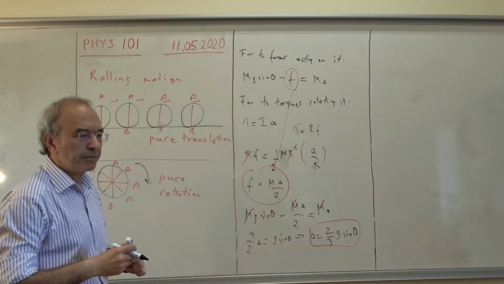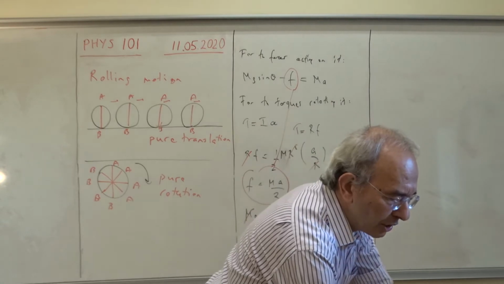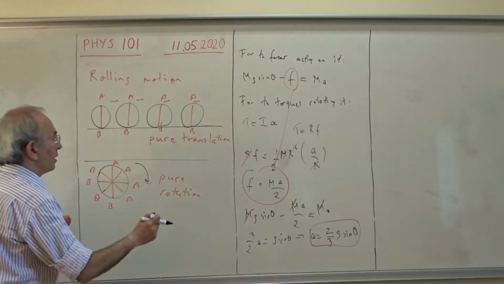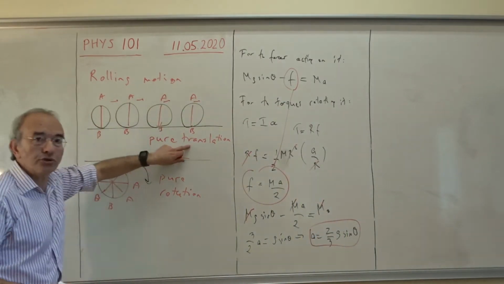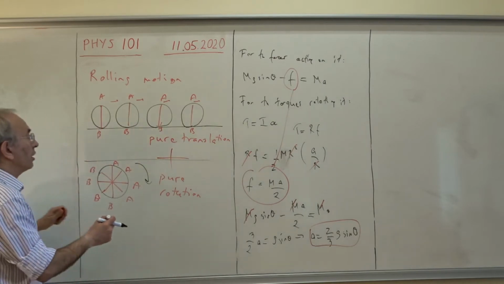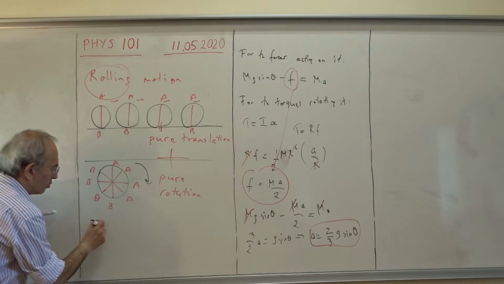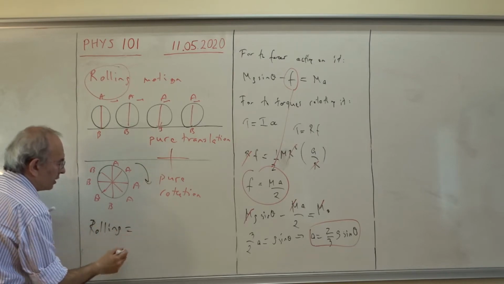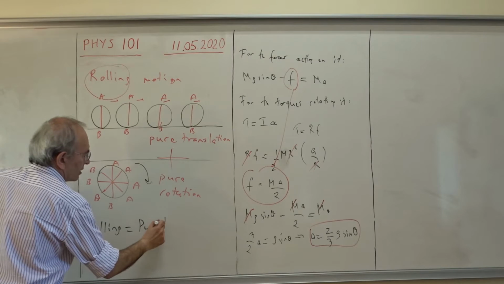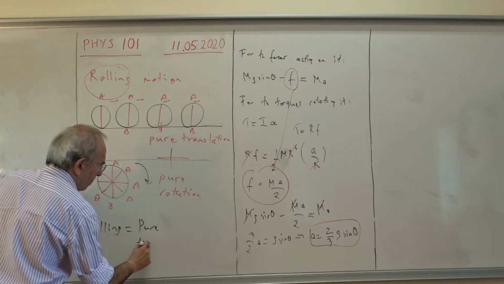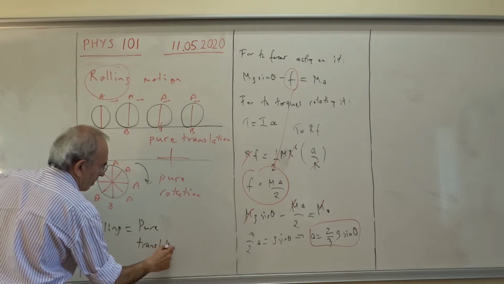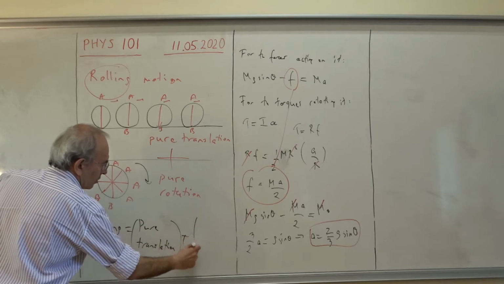If you add pure translation and pure rotation, you get the rolling motion. So in other words, rolling is pure translation plus pure rotation.